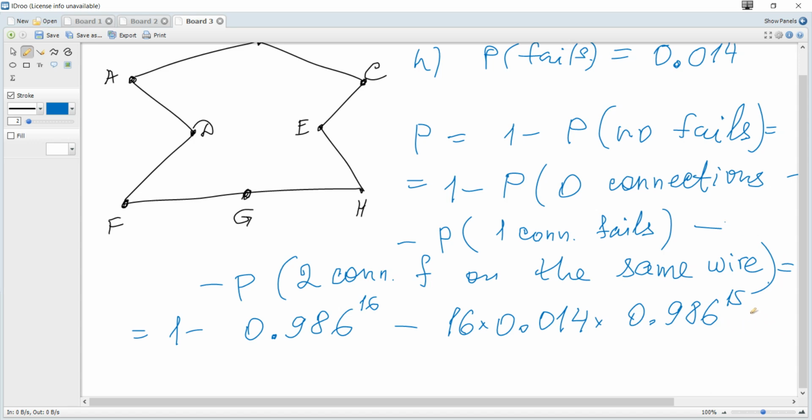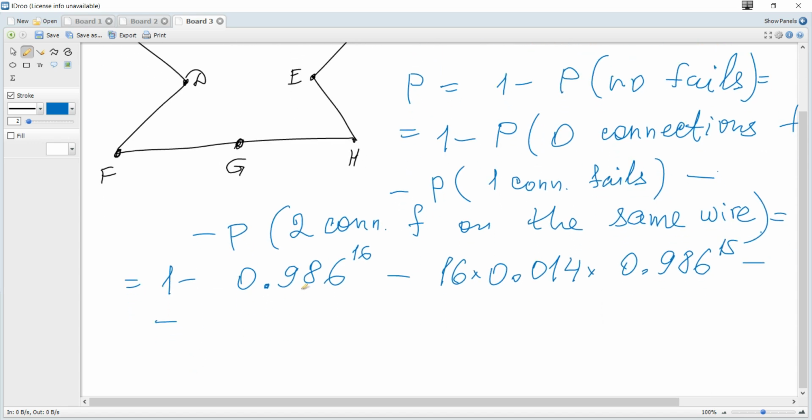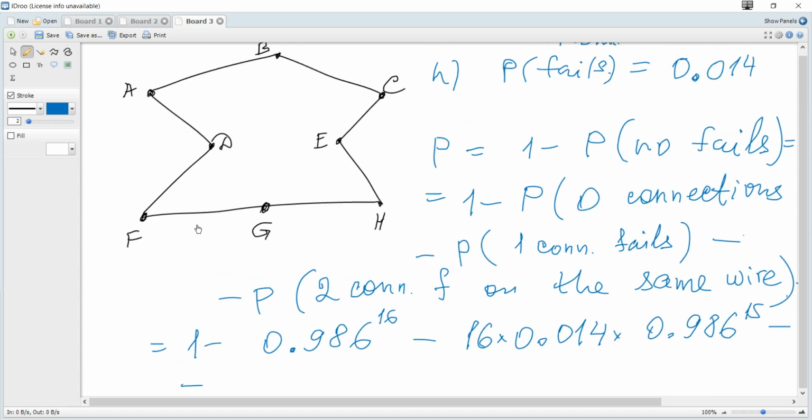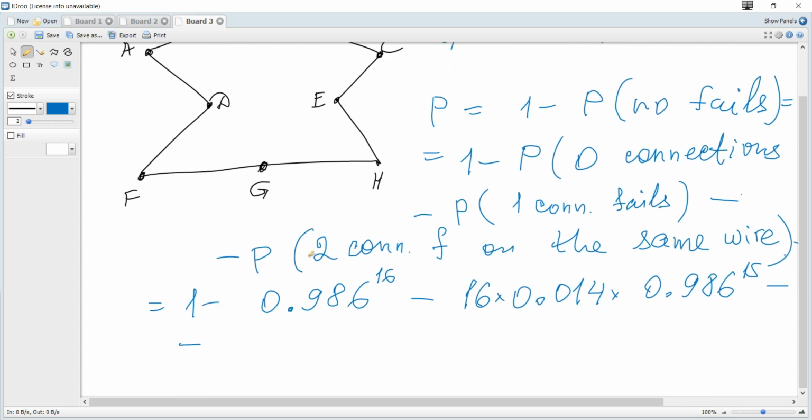And minus 2 connections fail on the same wire, and you can see that there are 8 wires and 2 fail, and the remaining 14 don't fail.